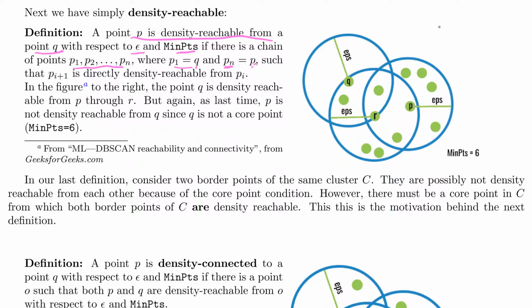Okay, so that's density reachable. Again, with density reachable, you can use a chain of points to tie one point to another.